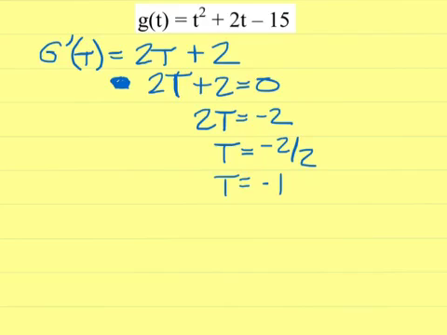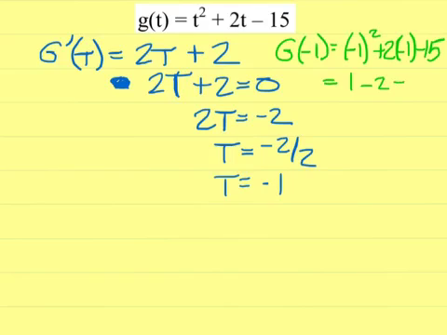What do I do next? Into the derivative? No, you put it into the original. In the original, yes. So when we do that, I'll change colors here. I wrote a little bit largely on this one. G of negative 1 is negative 1 squared plus 2 times negative 1 minus 15.